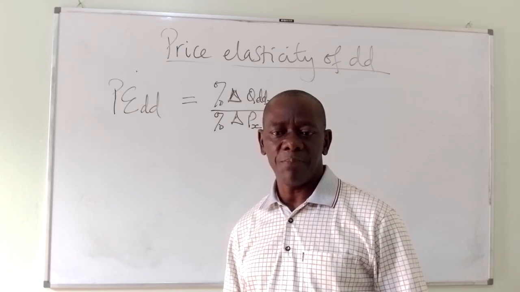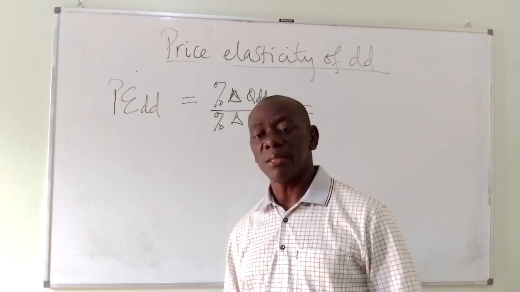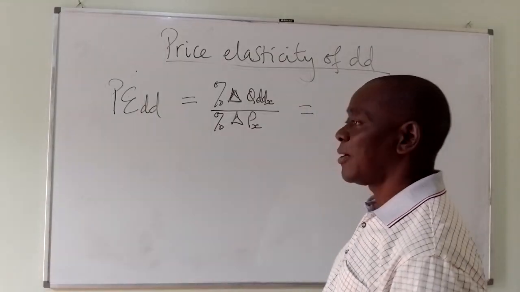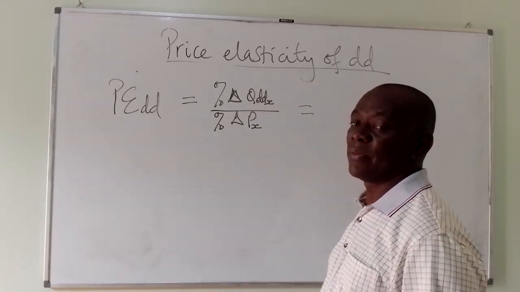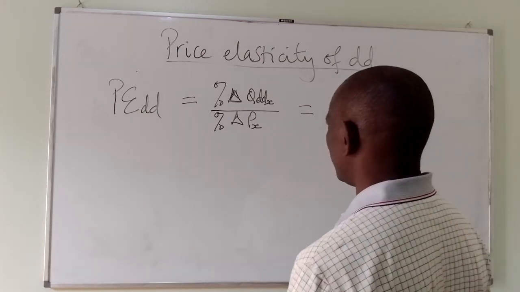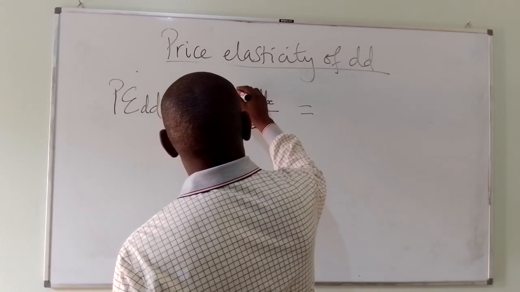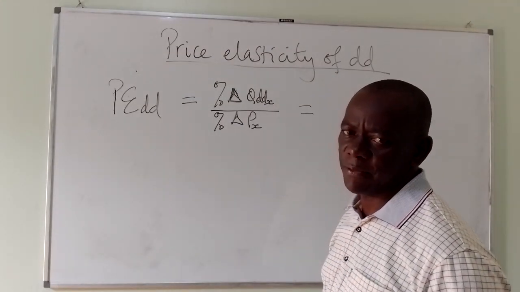If you're not doing the principal subject mathematics, you must be doing subsidiary mathematics. So we cannot dwell on the calculations. They are part and parcel of the economics subject. But there are those who find some difficulties in calculations. So we can't leave them behind.